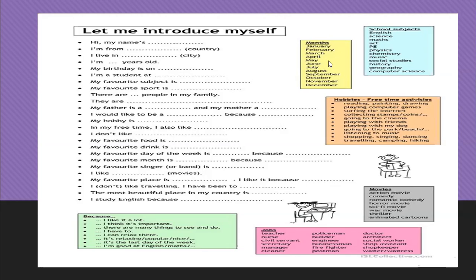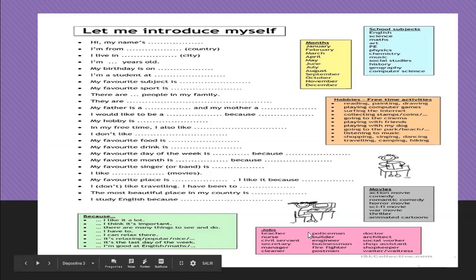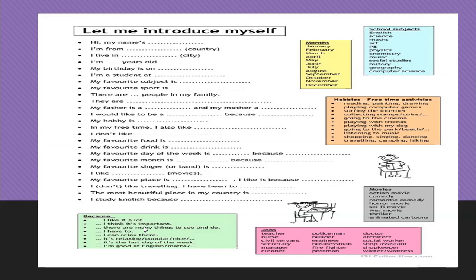So you have here the months of the year, the school subjects, the hobbies. This is very important because in the second part of this session, we will be talking about hobbies, the movies, the movie genre, jobs, and the because section. The because section is super important because when you are speaking not only English but any language, sometimes you need to give explanations about what you are saying.